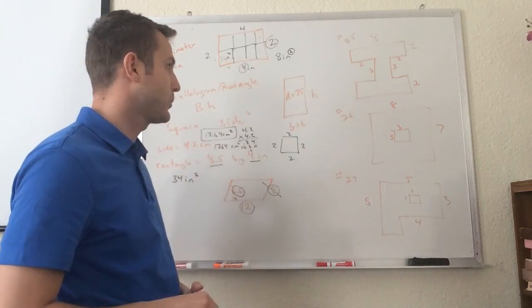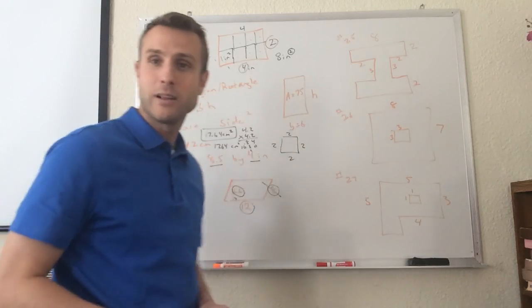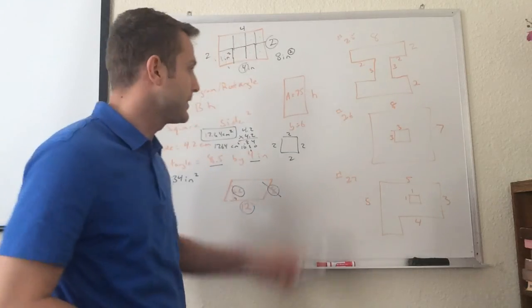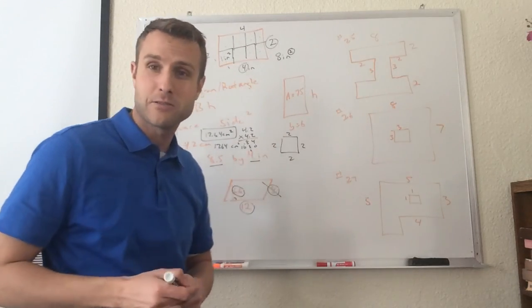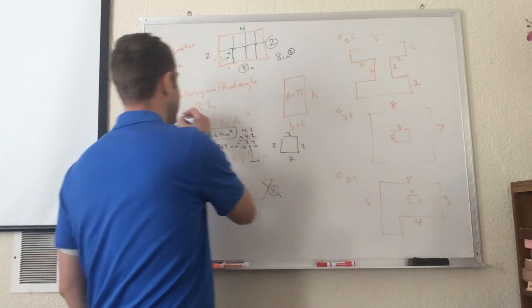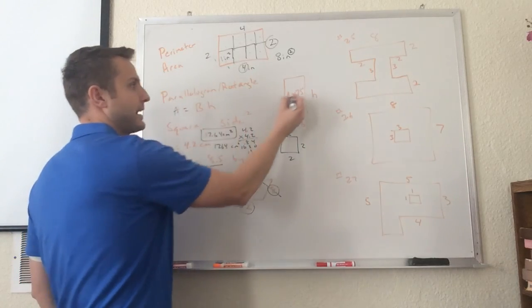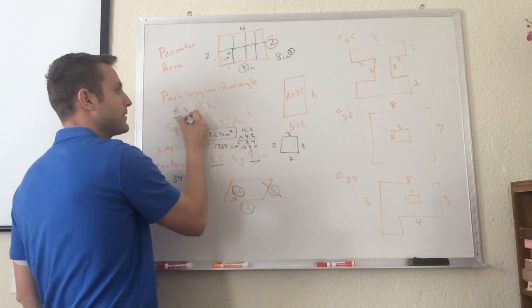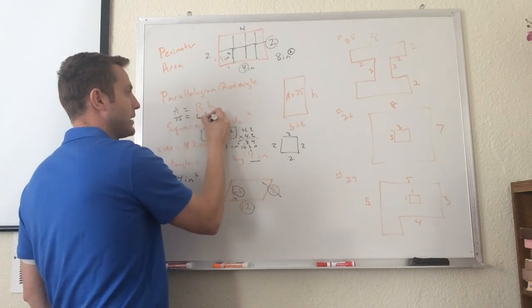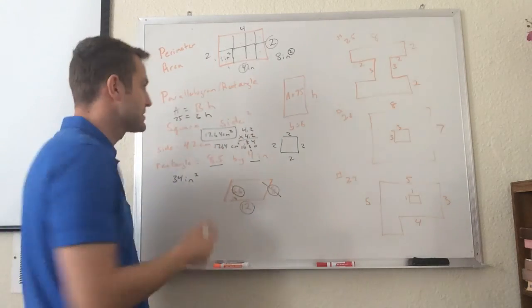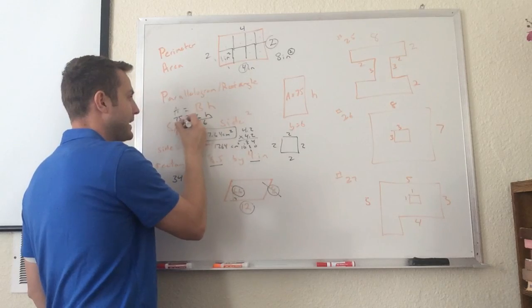34 inches squared. Let's say I have a rectangle and they give me the area and they give me one of the sides and they want the other side. Well, remember my formula is area equals base times height. So if the area is 75 and the base is 6 and it wants the height, all I have to do is isolate by dividing.